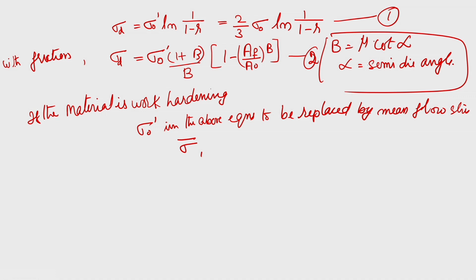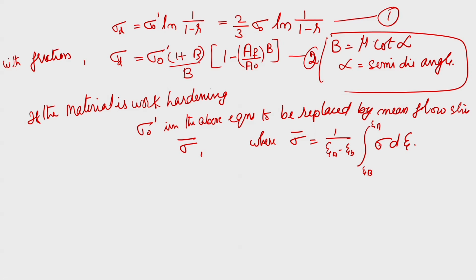Sigma bar is equal to 1 by (epsilon a minus epsilon b) into the integral from epsilon b to epsilon a of sigma d epsilon. So, these are the strains over which we have to study.